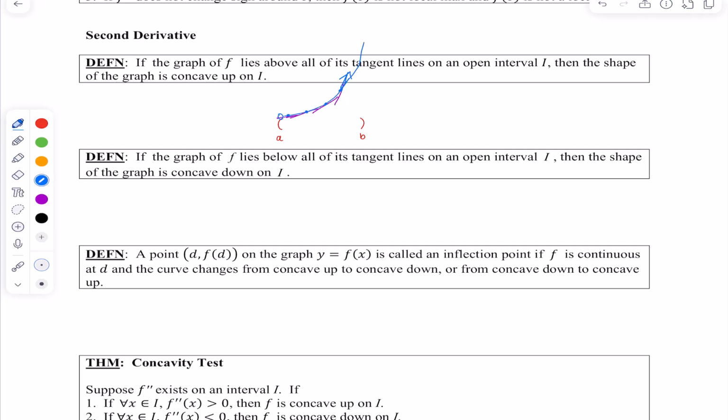And so you can see where I'm going here. There it is. And this is the shape of a graph where the tangent lines are below the function. This indicates the definition of concave up. So this is what we describe as concave up. Okay, the function is this shape, we call it concave up.